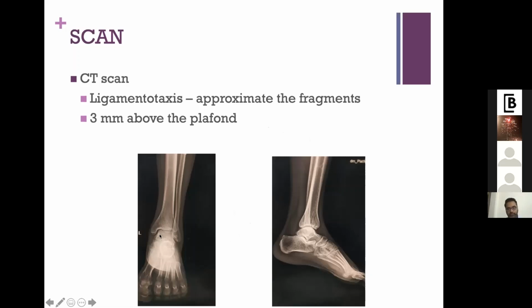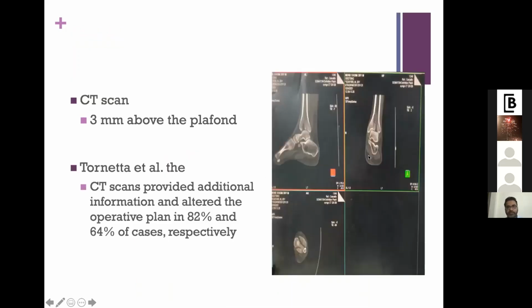There's one such example where on X-ray you cannot appreciate a fracture so easily, and if you look carefully, there might be a fracture in the anterior part of the tibial plafond. Otherwise, it looks pretty good. But when you get a CT scan of the same patient, you can see there's definitely displacement of the fragment in the anterior part of the tibial plafond.